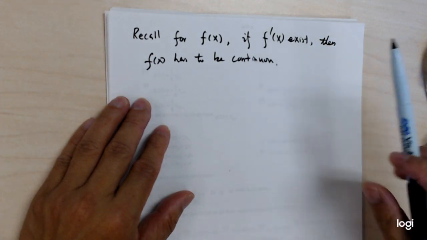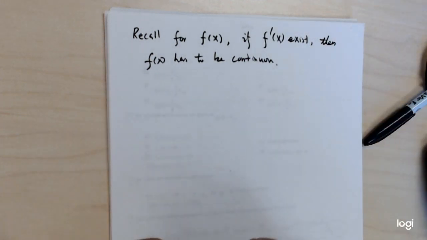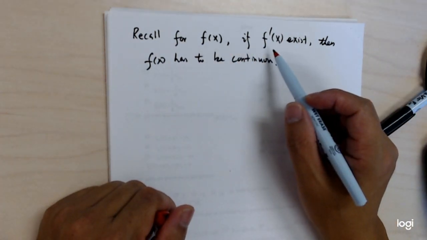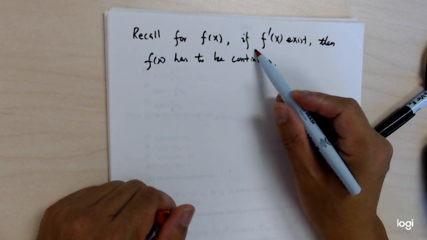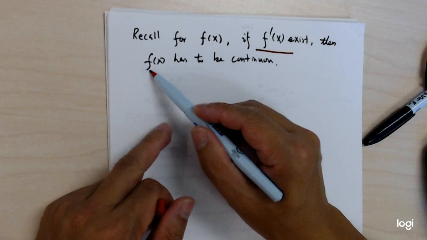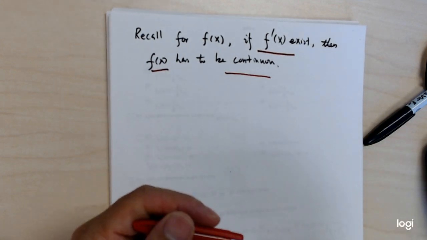So if the derivative exists, that in a single variable function means this function is differentiable at that point. But that also implies f has to be continuous at that point.